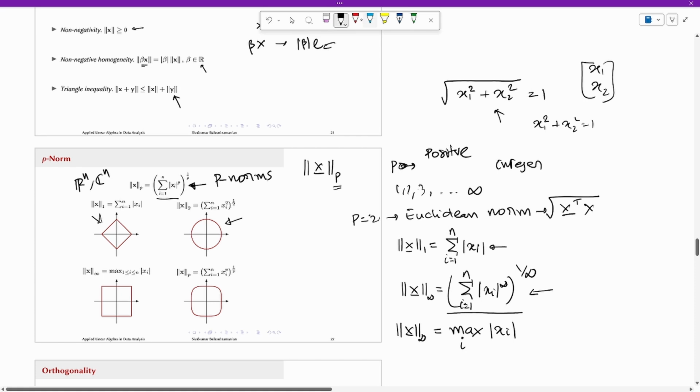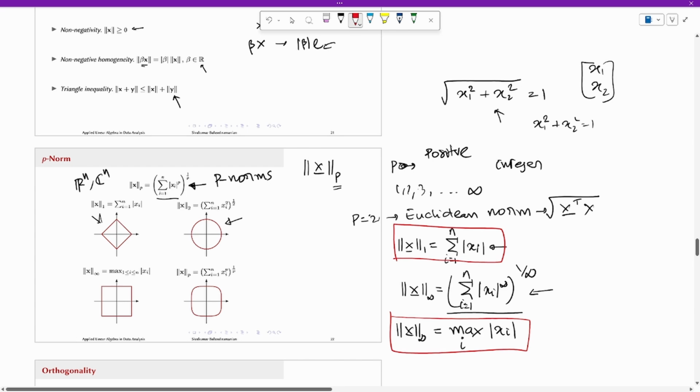So those are 3 commonly used norms: the 2 norm, the 1 norm, the infinity norm. We can similarly ask a question like we did for the last 2 norms. What is the geometry of the set of all vectors that have a constant infinity norm?